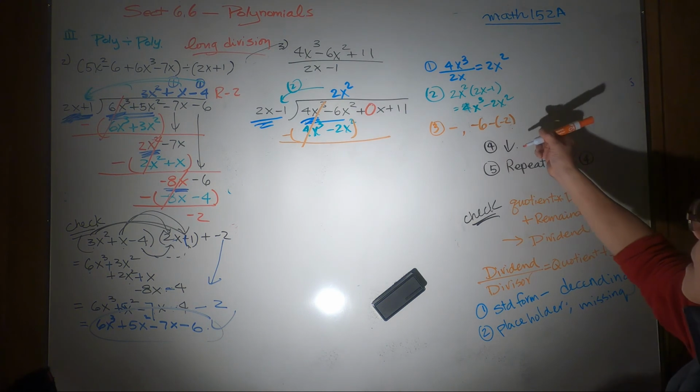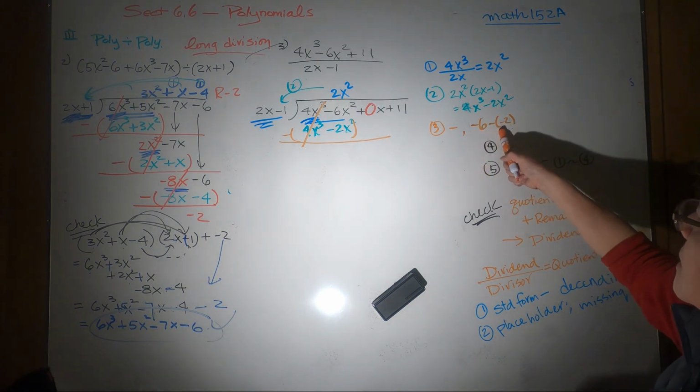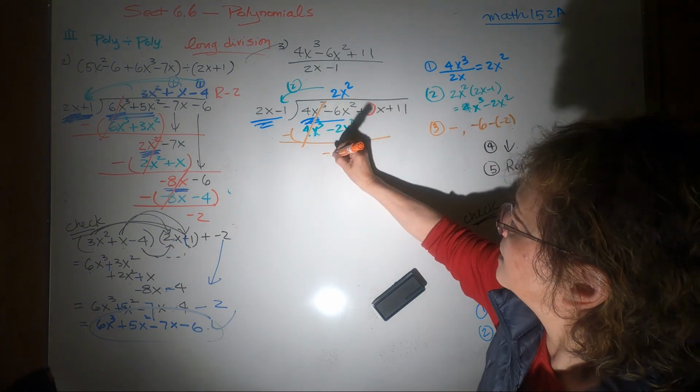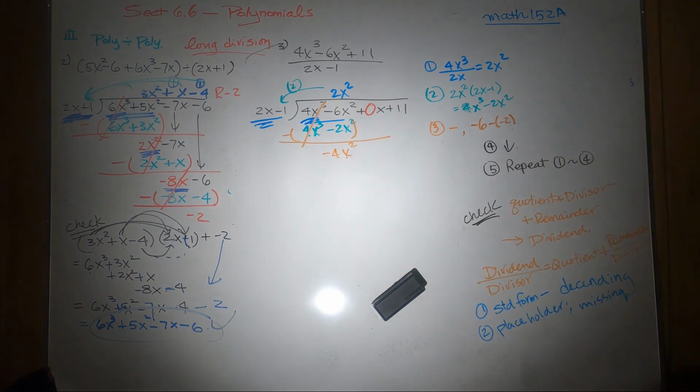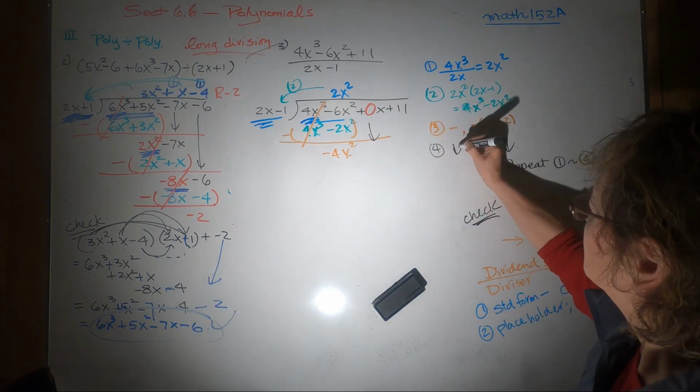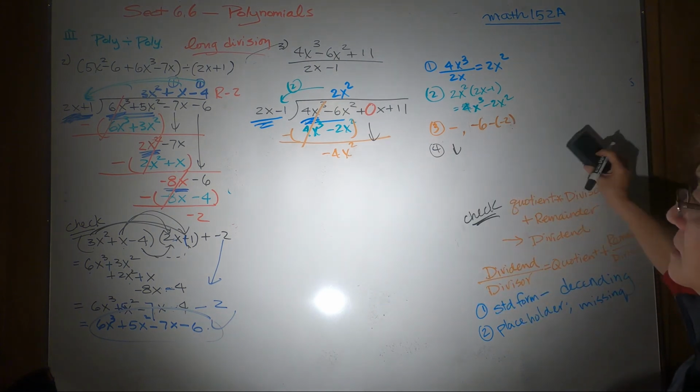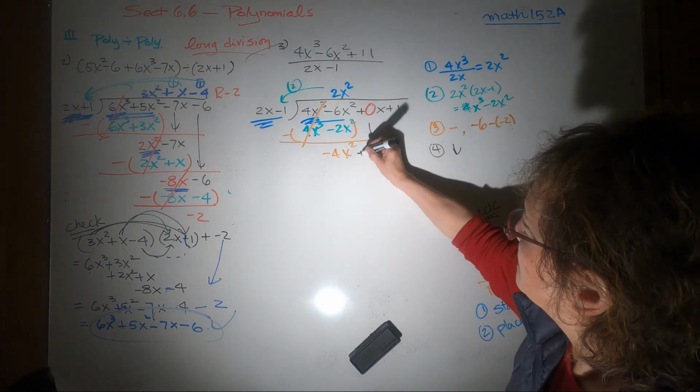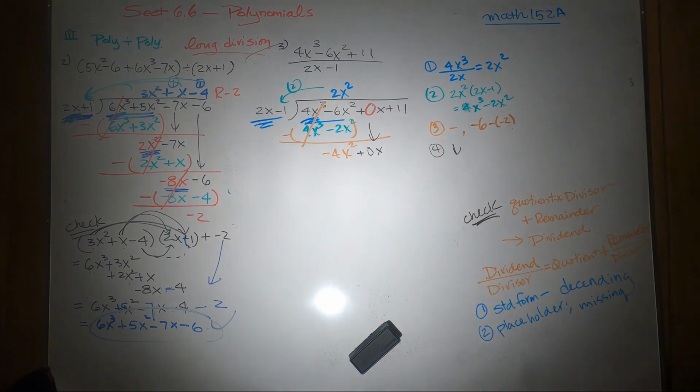What do you think that would be? Negative 6 plus 2. That would be negative 4x squared. Then what's the next step? You drop it down. So that would be 0x.